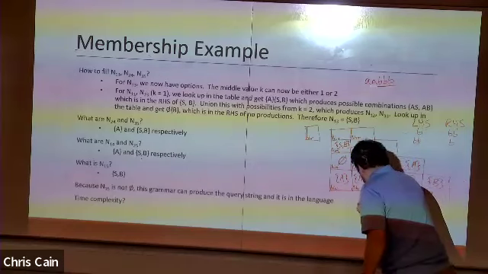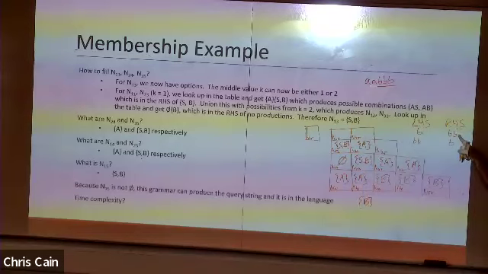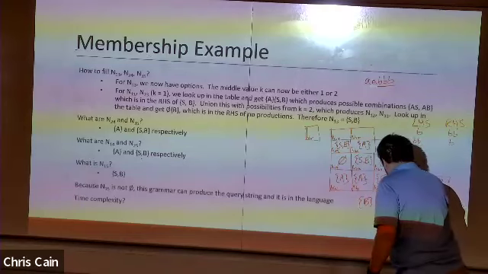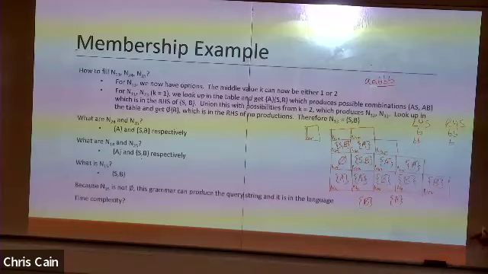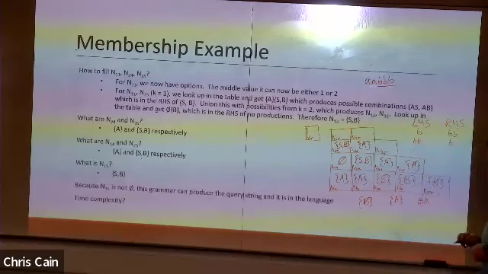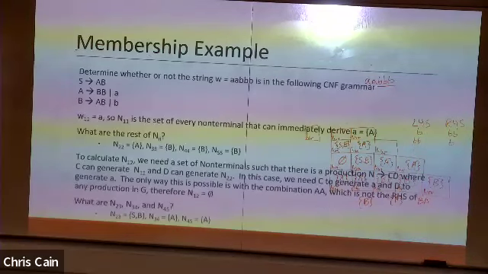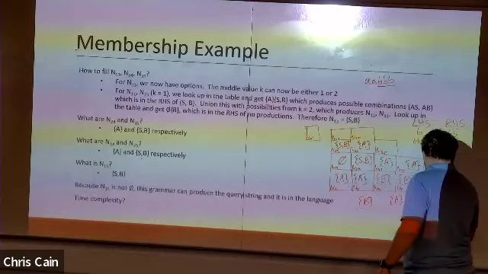So this contains the set that contains B. What can produce BB? This is between 4 and up to and including 5. So we have B and A. So this gives us BA. Anywhere we see a BA? Nope. That's the empty set.